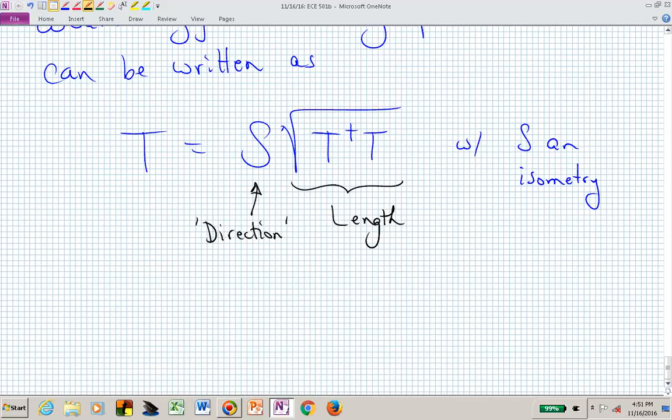And that was all inspired by factoring or decomposing a complex number into its direction and length.